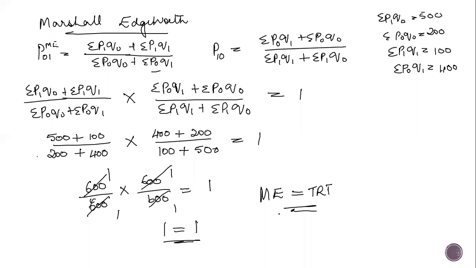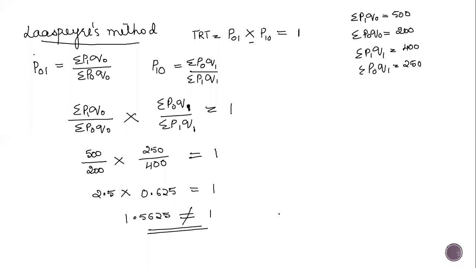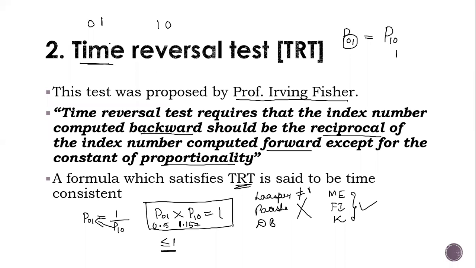There are Drobisch, Walsh, Fisher and Kelly's methods. I will explain to you in the next class. So in TRT, the only focus here is on time, time reversal. The base year becomes the current year, and the current year, when we reverse, becomes the base year.